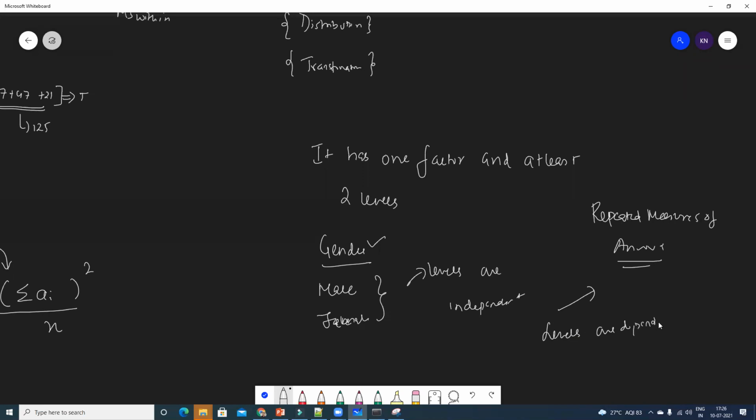For example, if a person is running on Monday, Tuesday, Wednesday. Suppose this person runs 20 kilometers on Monday, then on Tuesday he may obviously decrease, right? On Wednesday also he may obviously decrease, something like this. If there is dependency, then we'll go for repeated measures.